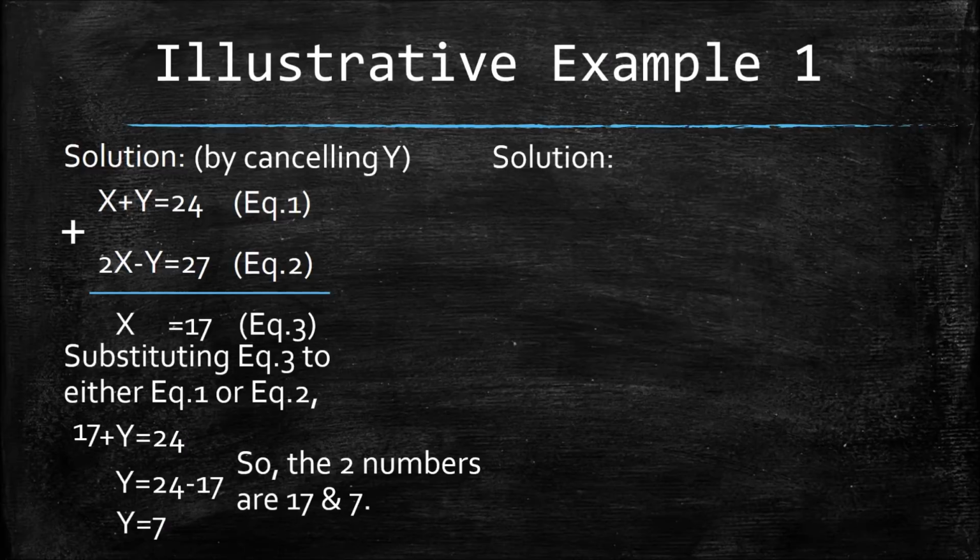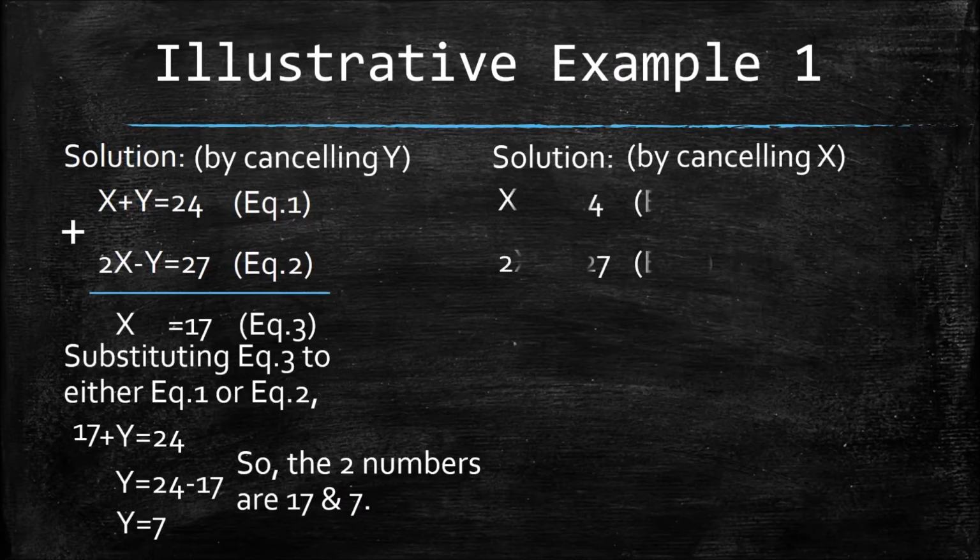But we can also solve this by cancelling the other variable, which is x. Since x in equation 1 and equation 2 are not additive inverses of each other, we make one the additive inverse by multiplying one equation by a constant.